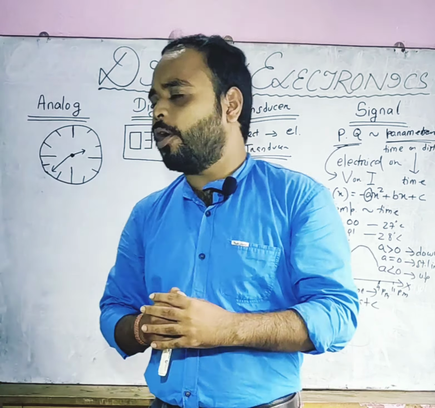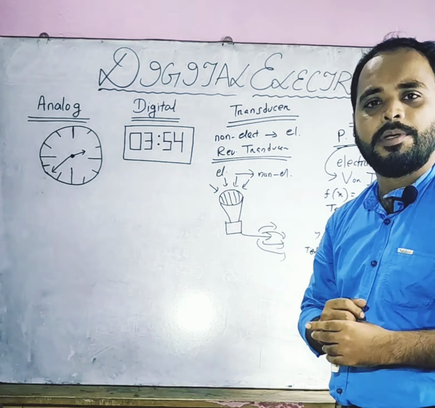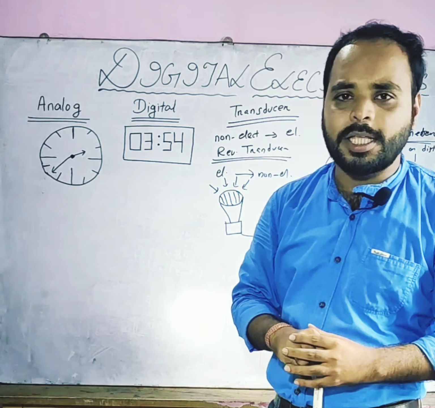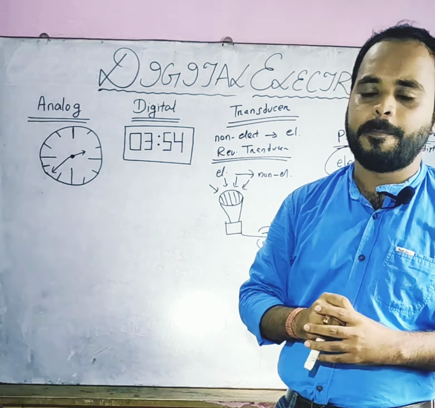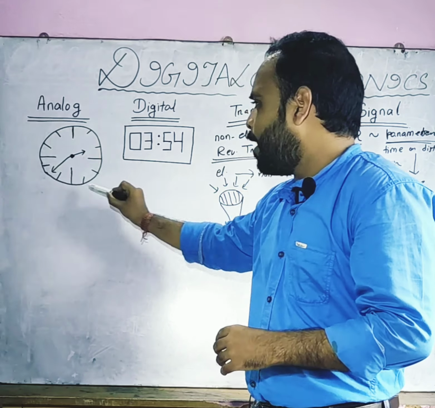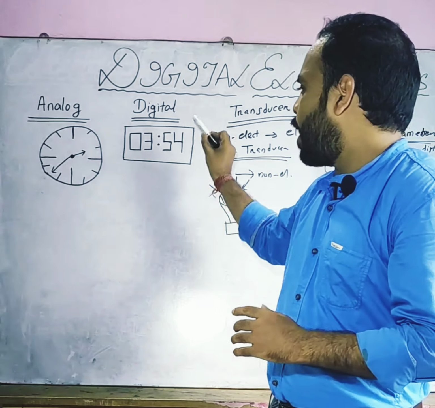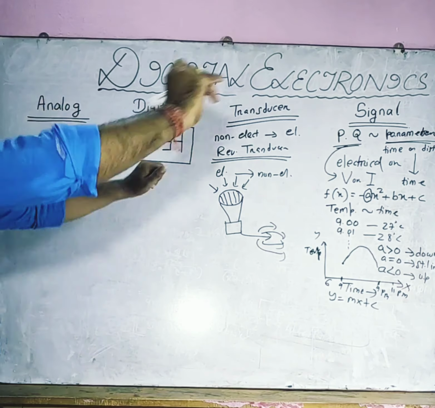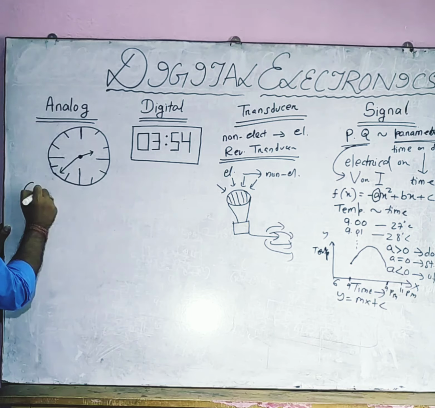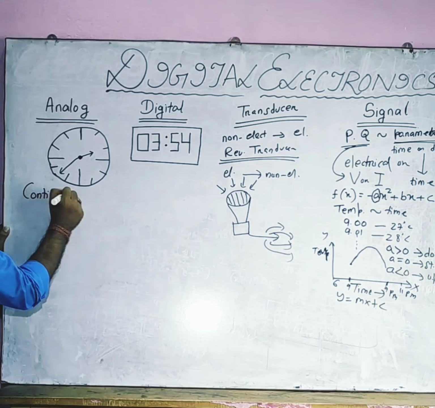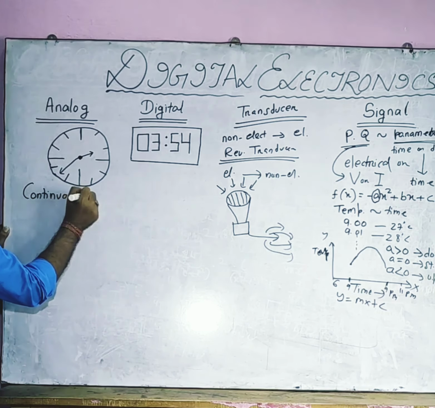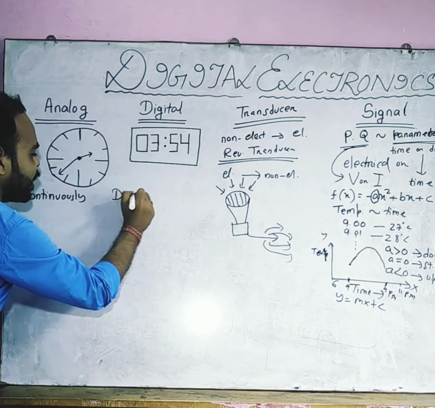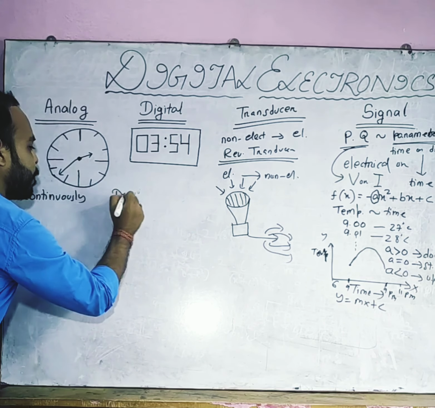Let us come to the classification of signals. Signals can be classified into two types, that is analog signal and digital signal. Clearly, we have drawn a figure of an analog clock and a digital clock. So, an analog signal is the signal which varies continuously with respect to time, and the digital signal varies discretely with respect to time.